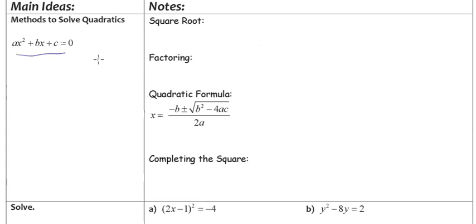Our easiest or quickest one is to take a square root. This one we're going to use when there is no b term, or b specifically is equal to 0.